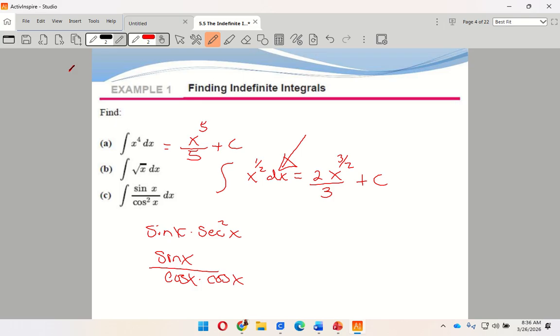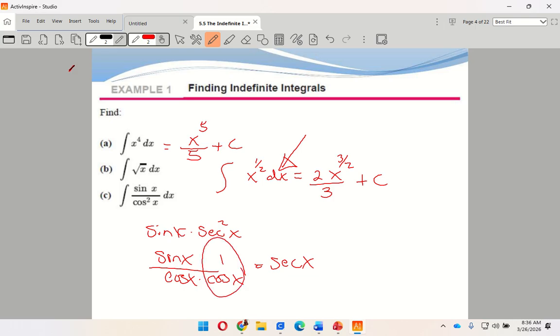So now I'm rewriting it, right? One times cosine. Wait. No, it'll be secant x. So that's secant x right here.